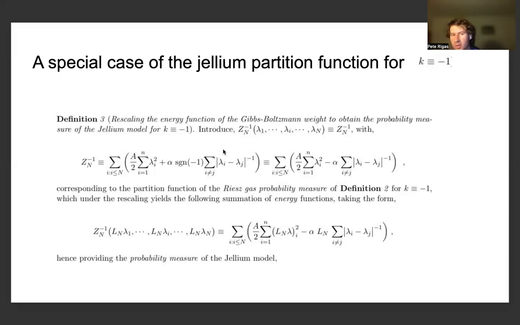And this just comes from looking at the image of xi and xj under the conformal transformation t that we introduced. So this is giving a different type of partition function for some value of k, namely k equal to -1, in which we just substitute -1 for each one of the values of k, which appear not only in the energy function for the Riesz gas, but also in the normalizing constant through the partition function.